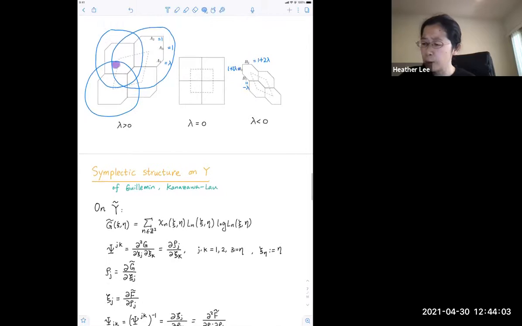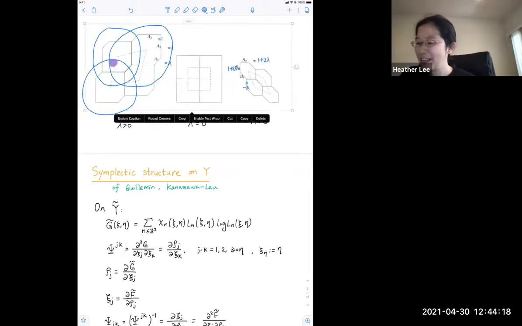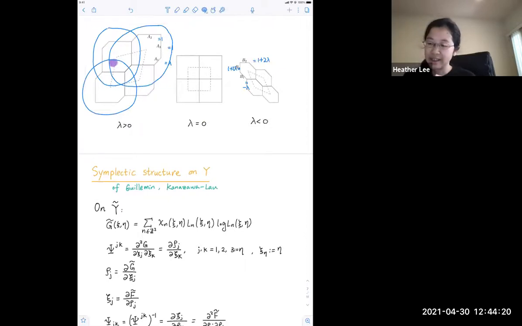So at the vertex, there will be 3 terms. That would be like a moment polytope for C3. And then at the very interior of the hexagon, there will be an open set that's in the overlap of 7 different covers.